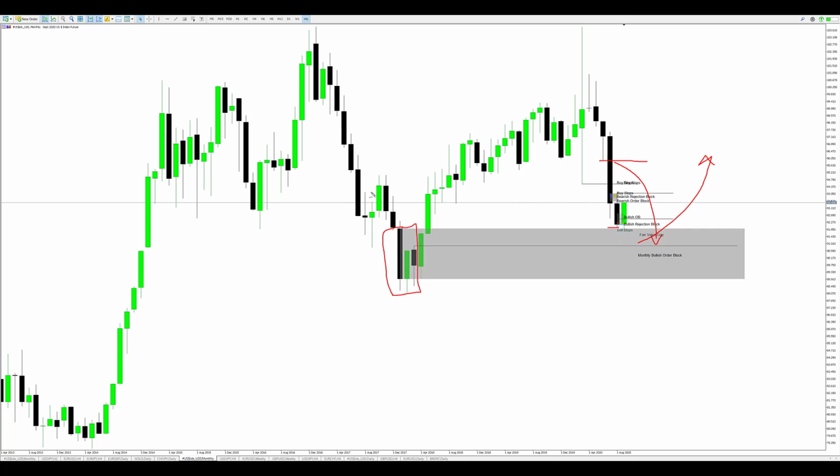If you go back to the previous years, you find out that the dollar index usually likes to create a low of the year somewhere around August and September.